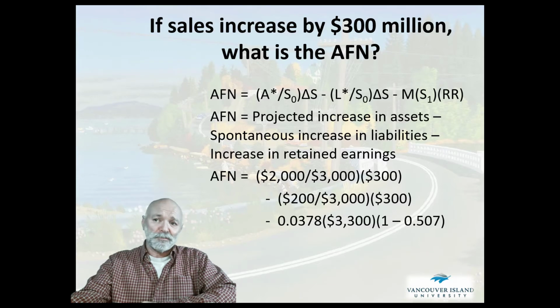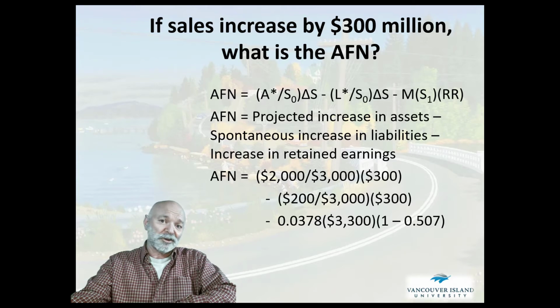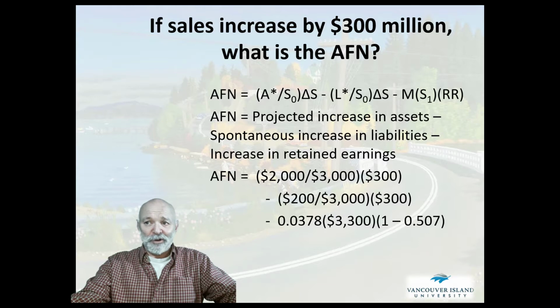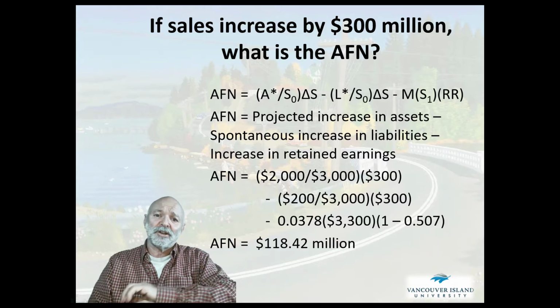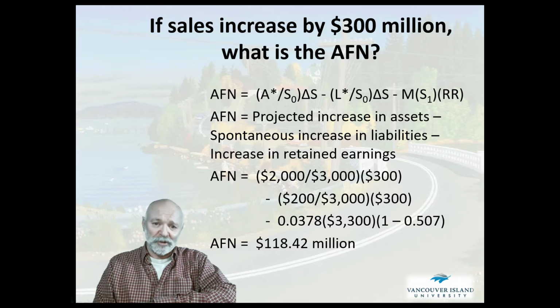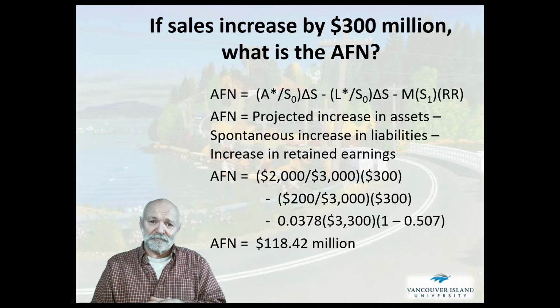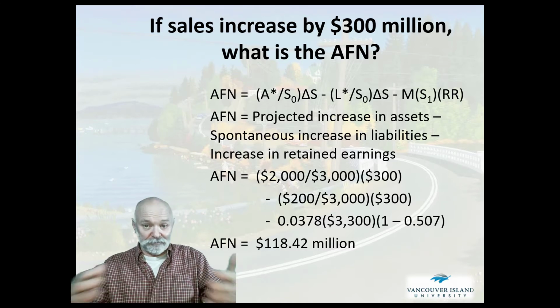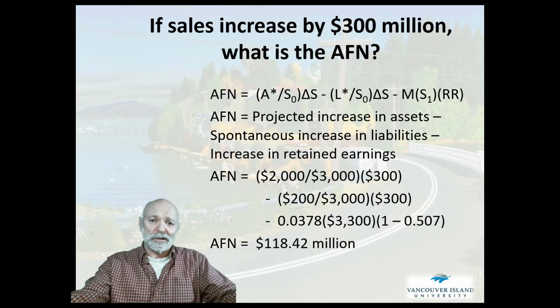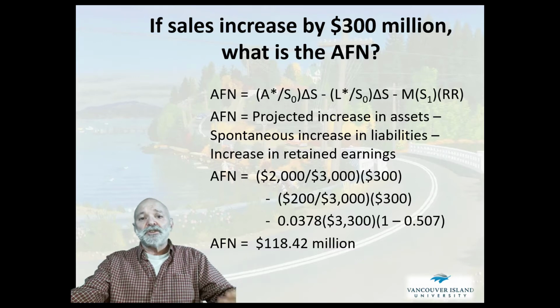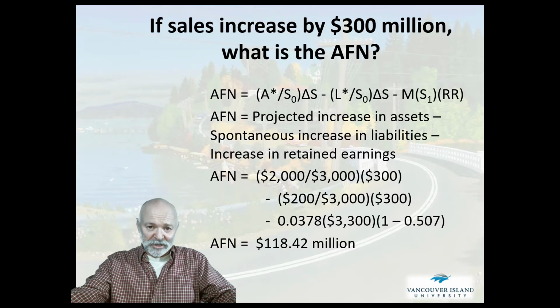About 49%, almost 50% of what we earn from our sales this year is going to be retained by the company, and the other half goes to our investors. So the product of all of this calculation says that our additional funding requirement is a little over $118 million. That's how much money we're going to have to find to fund the business. From the bank, from our shareholders, from whatever source is going to be relevant. But that's how much it's going to cost us to add another $300,000 of sales to our business.